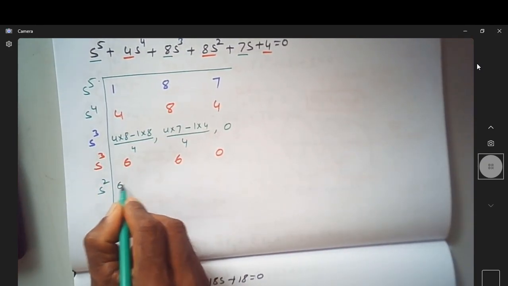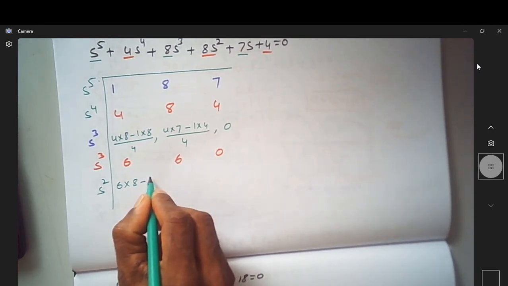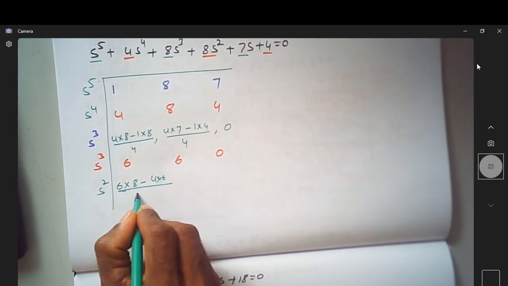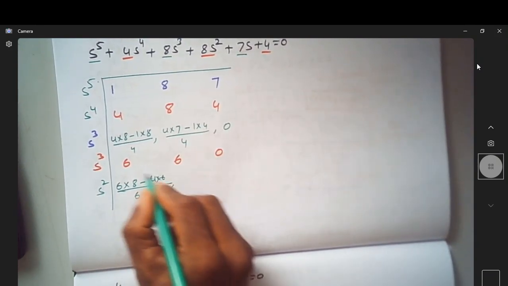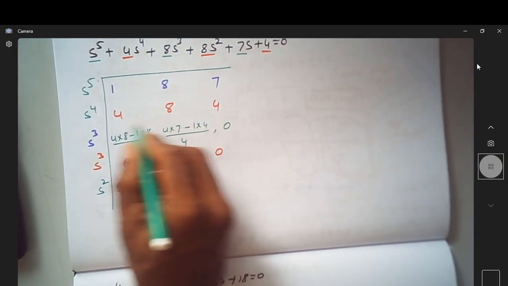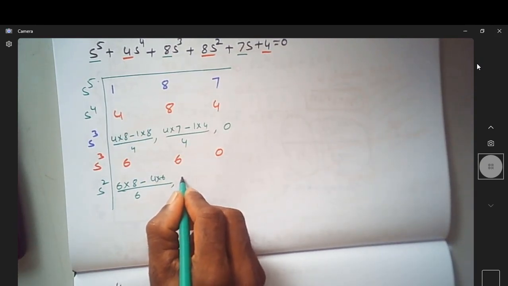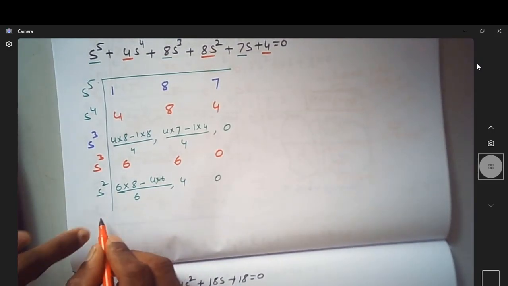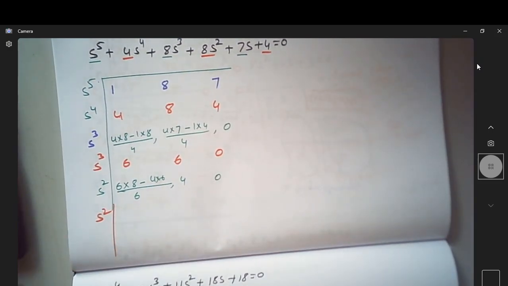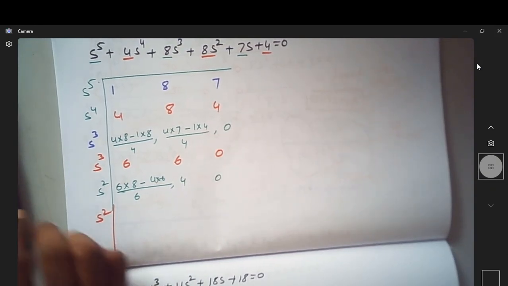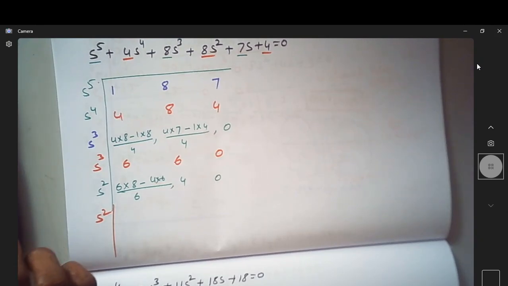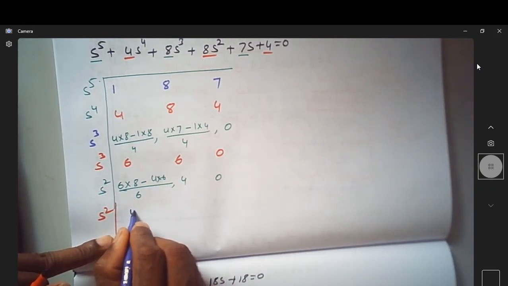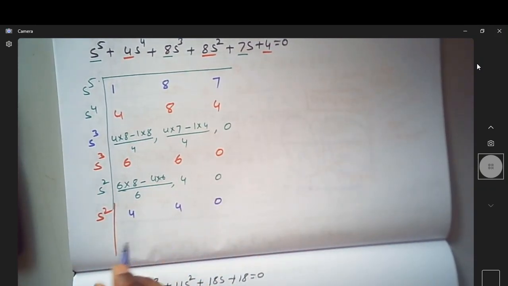What is s power 2 now? It is 6 into 8 minus 4 into 6 divided by 6, which comes out to be 4. Then 6 into 4 minus 0 gives 4, and then 0. So s square is 4, 4, 0.